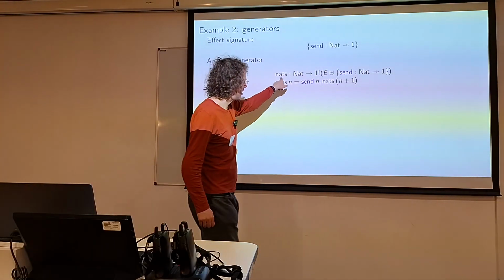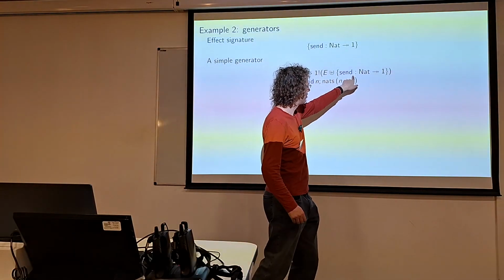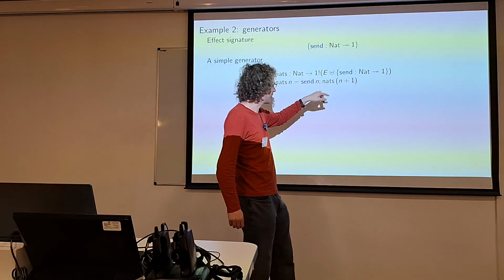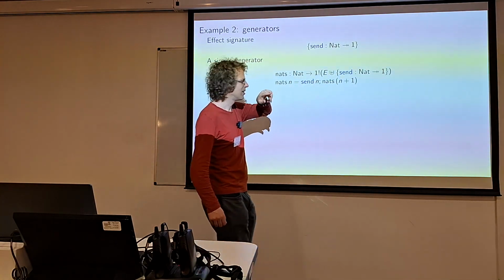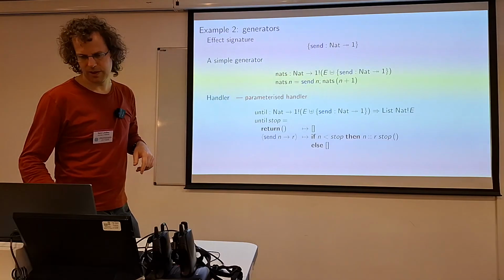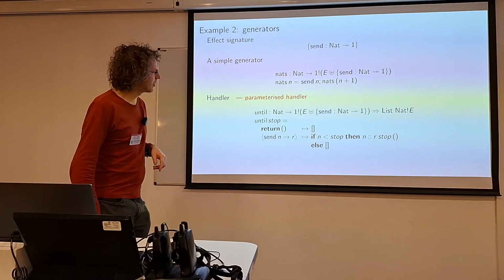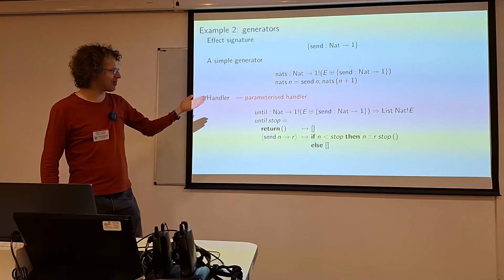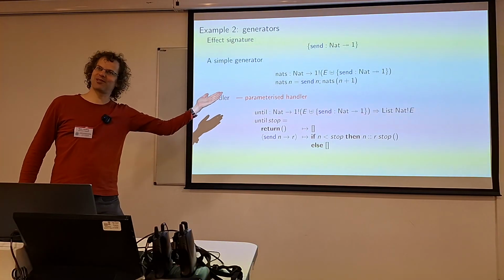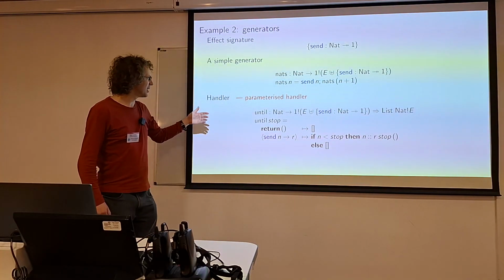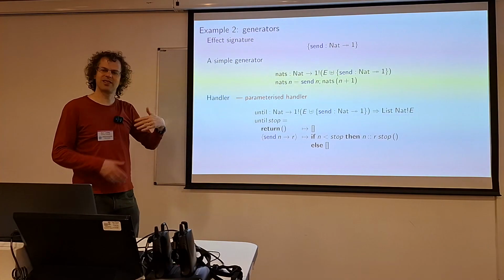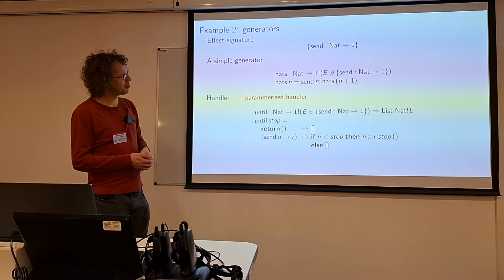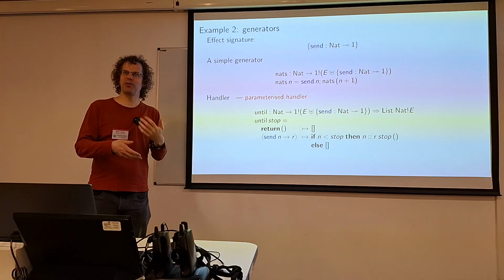And again, we have the effect here. We see that it can perform send, and it can be used in the context of other effects too. And so in order to give meaning to this, we have to write a handler that says, well, what does a send do? So this is basically code that would consume the generator.